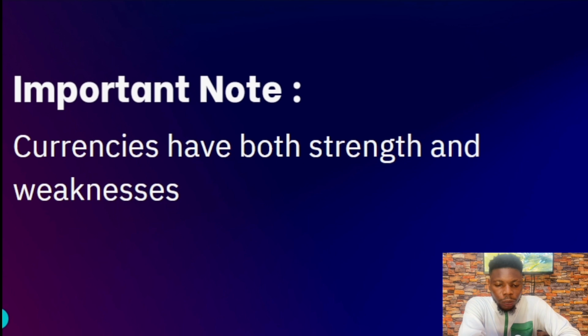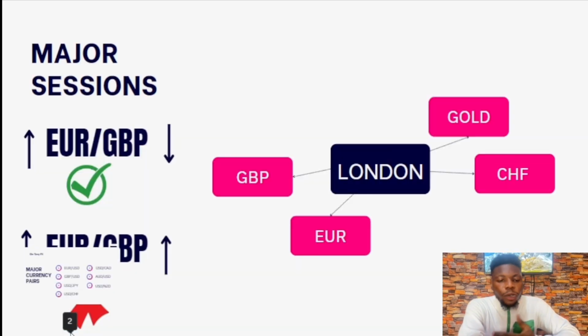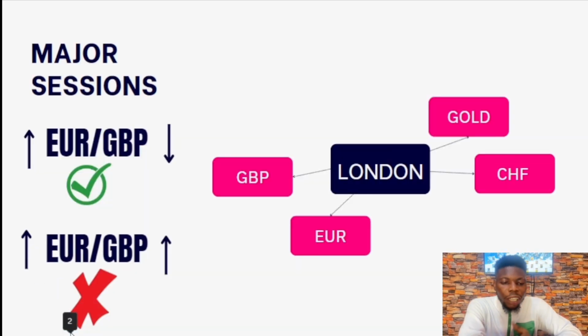For example, if you want to trade the euro pound in the London session, you have to make sure that one currency is weaker and the other is stronger, because that's the only way it will move. But if both currencies are strong, there's a high chance that the market will consolidate and be hard to trade.